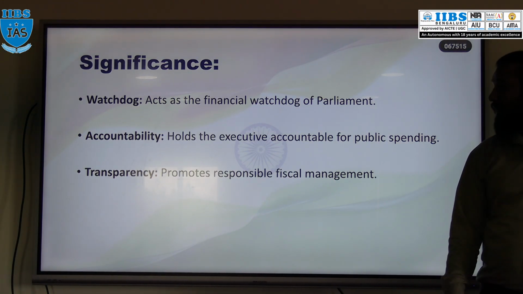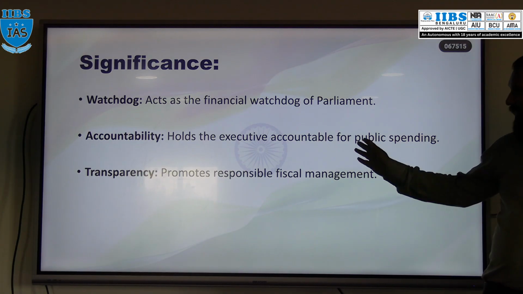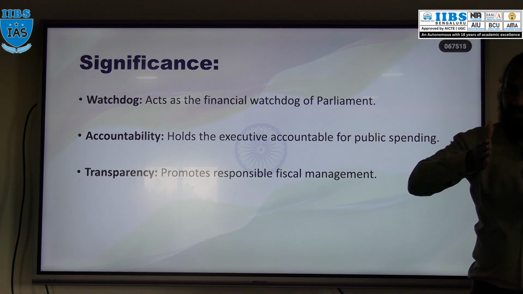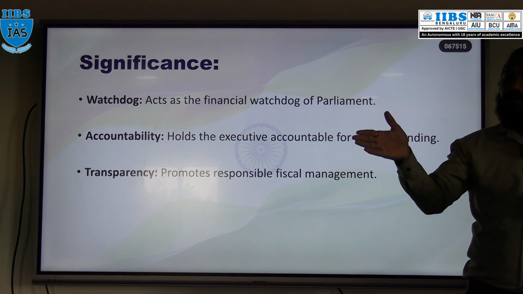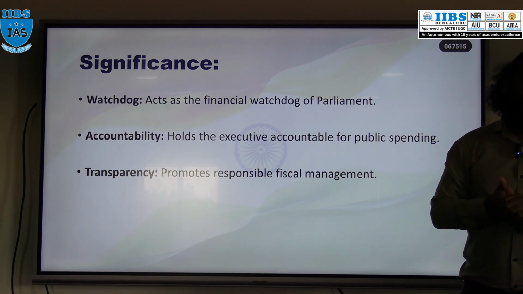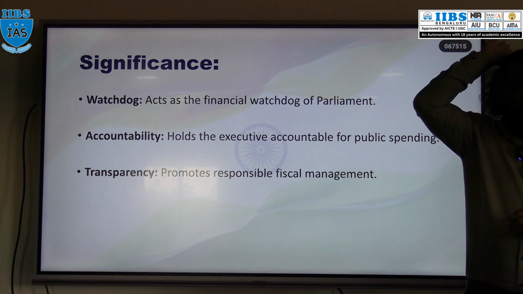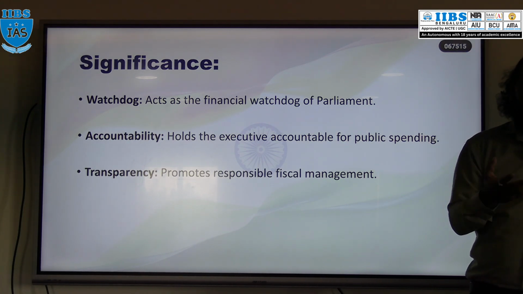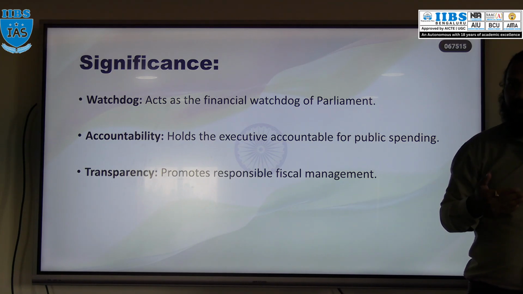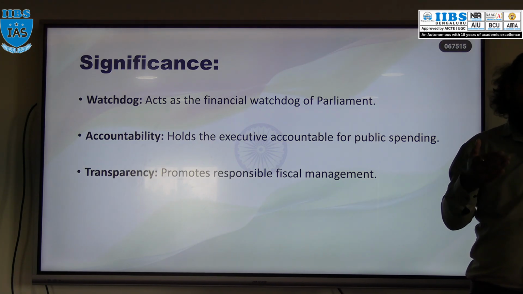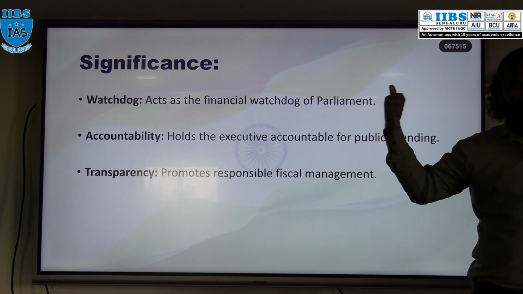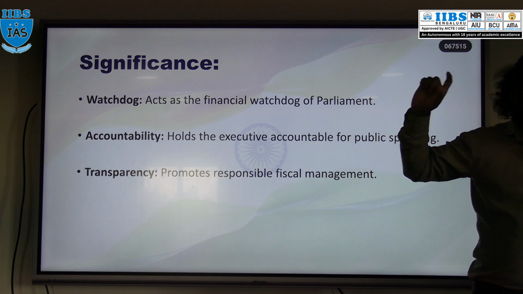And transparency will be brought by this committee. Because of the transparency, it is promoting responsible fiscal management. That means whatever the amount is, it should be incurred and managed in a proper way. It should not be excess, or insufficient. So the minister will also think that my grant should be perfect, and whatever grant I have received for a specific purpose, I must incur expenditure on that specific purpose only.